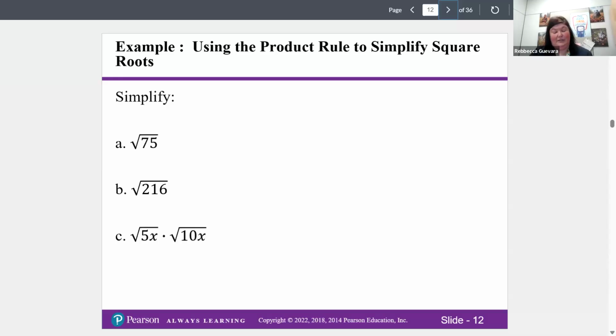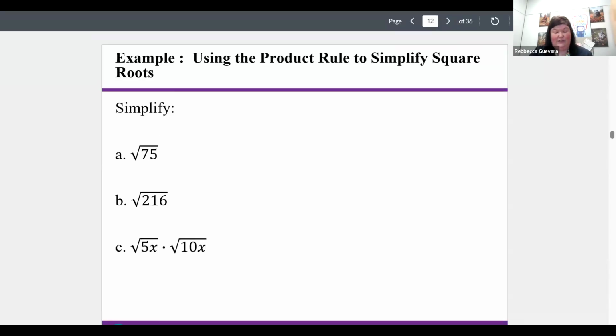So we have the square root of 75. Now, if we want to break down that 75, the square root of 75 would just be the square root of 5 times 15.